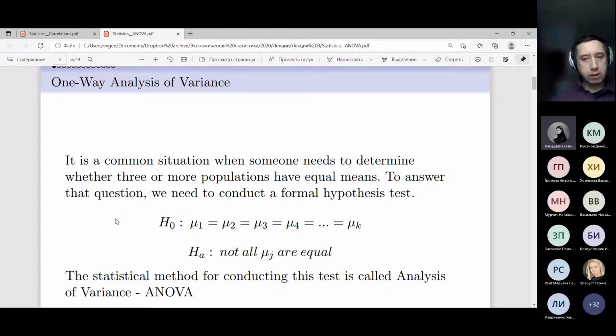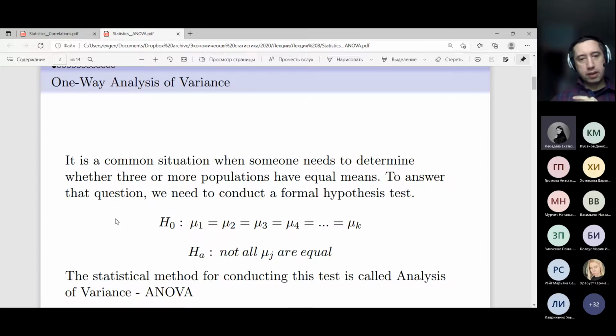But in ANOVA, usually the hypotheses are the same in all exercises. The null hypothesis states that all means are the same, equal to one another. And the alternative hypothesis states that not all means are equal, or roughly speaking, that there is at least one mean which is different from the other means.